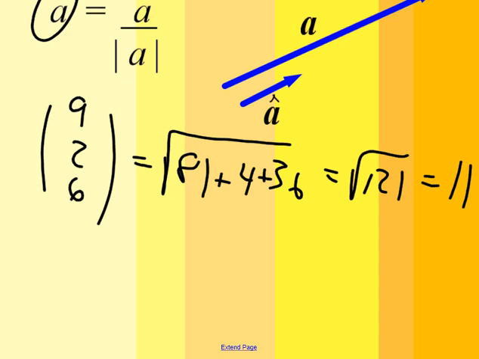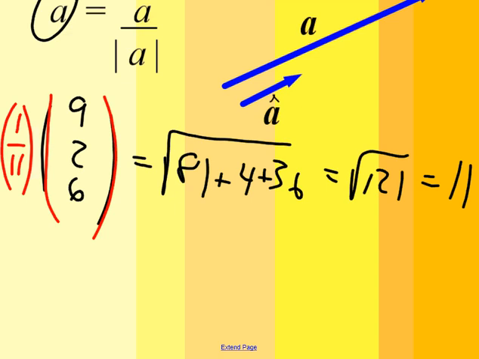If it's 11 long right now, I'd have to multiply it by what to shrink it down to a length of 1? 1 over 11. Because it's 11 long right now, and if I multiply by 1/11th, that'll shrink it down to be 1 foot long, or 1 inch long, or whatever our units are.